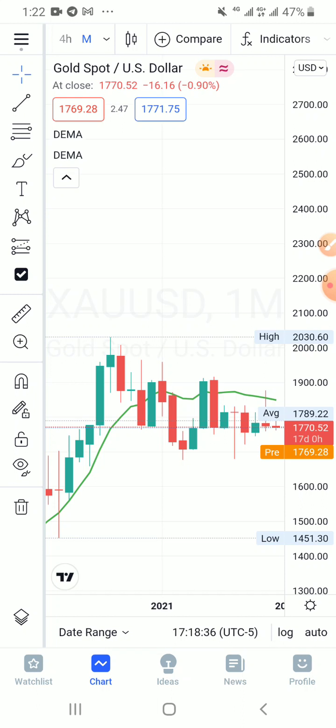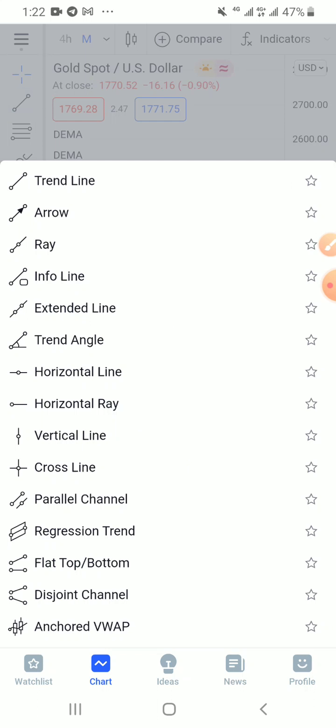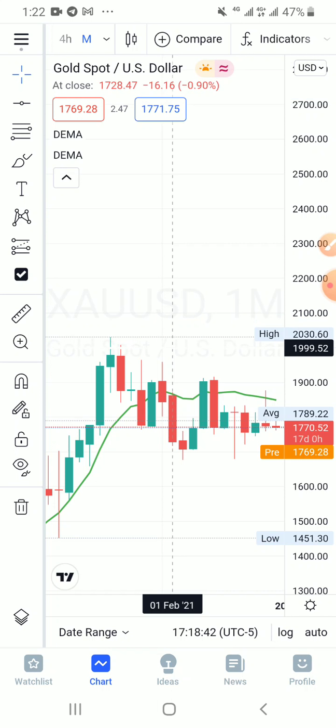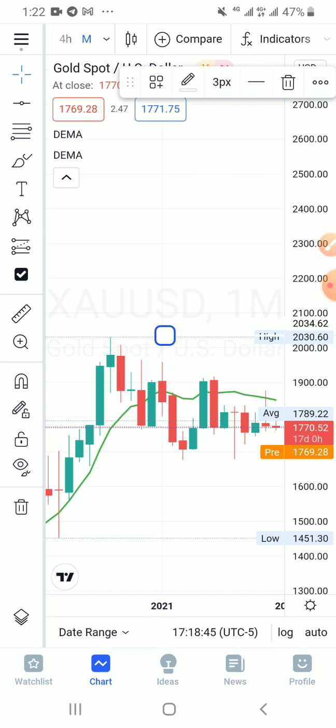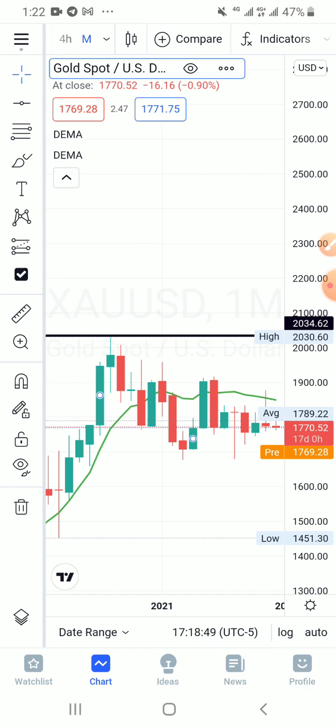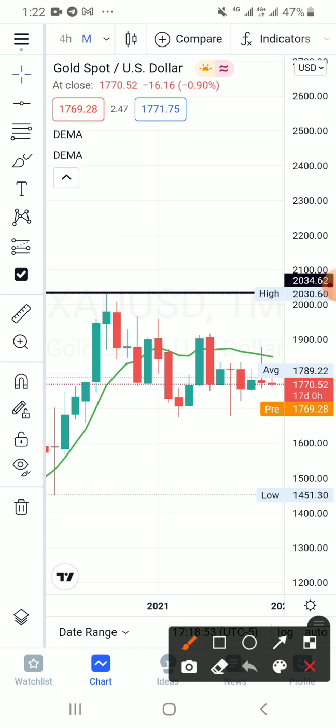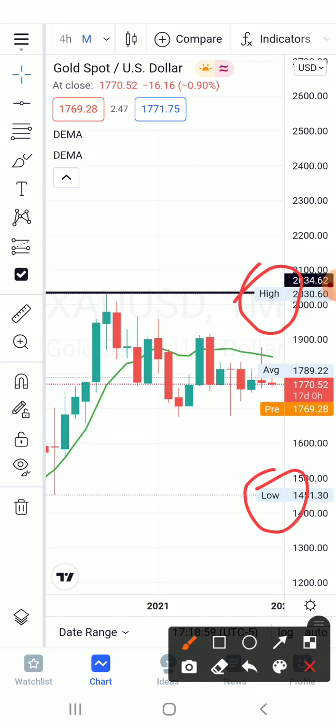Number one, you have a horizontal line on TradingView, then take it and place it there. Oh, the color is white, sorry, let me change it to black, and you can see that there is the high. I hope you can see where the high is written and where the low is written.